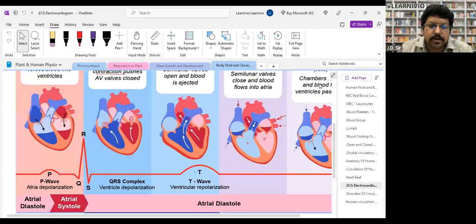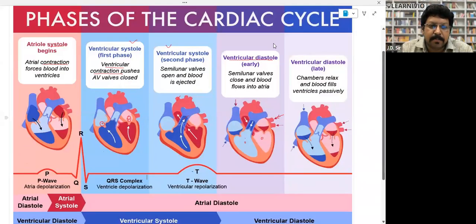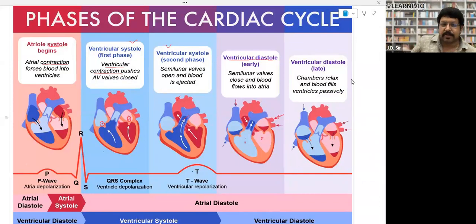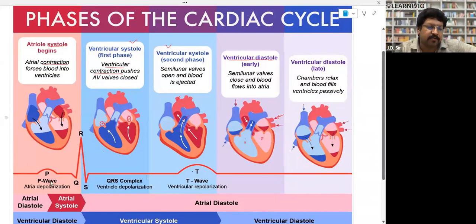The most important part of this chapter, from where almost regular questions are coming. Even the last-to-last time, this question was asked. In every previous year question paper and practice question paper, you will find: what does P wave mean?